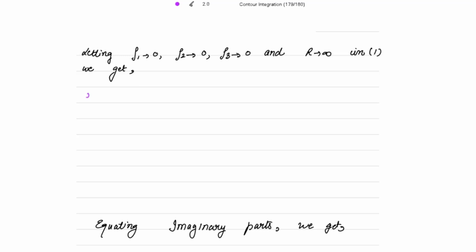We get negative R changing to minus infinity to negative 1, f of x dx, minus, now this is minus pi iota by 2.